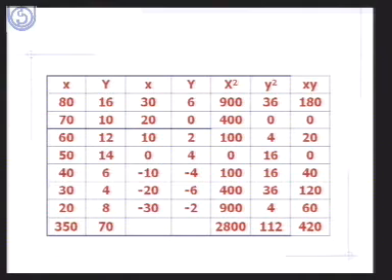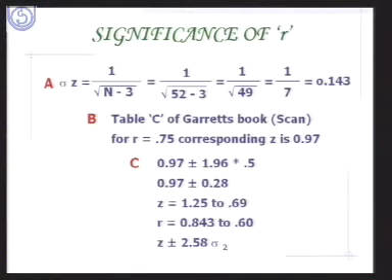Now, we can calculate x square, y square and xy, very clear. By using this, we can calculate the coefficient of correlation using any of these three formulas, depending upon your situation.